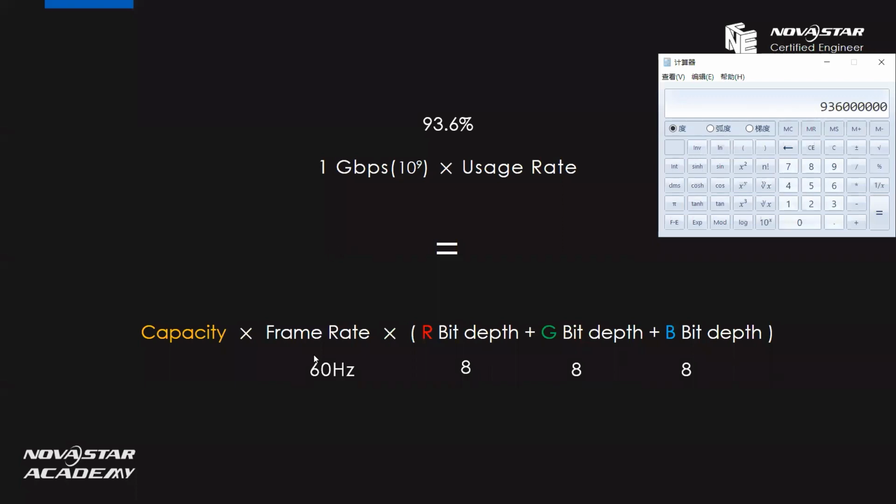Then we divide it by the frame rate, 60 Hertz, and also by the color depth of RGB, 8-8-8, 24. So after calculating, we get a loading capacity of 650,000 pixels.